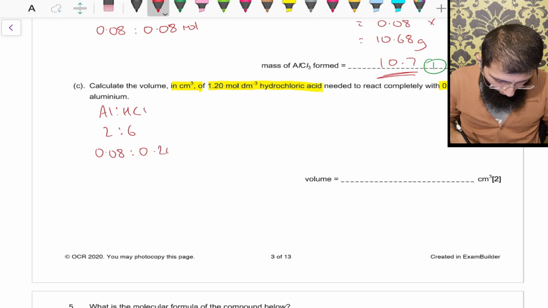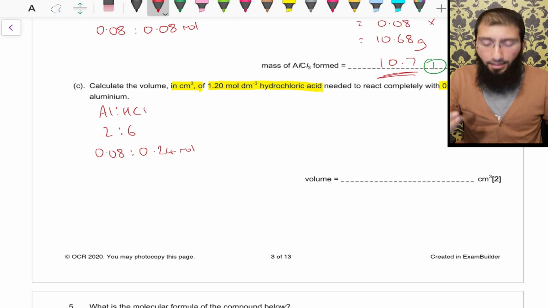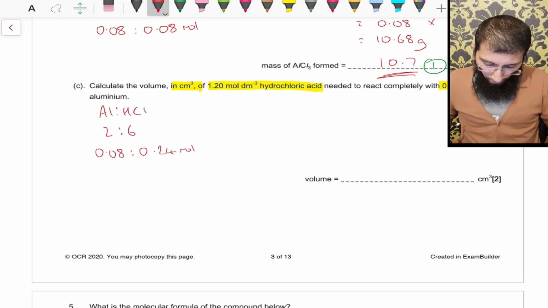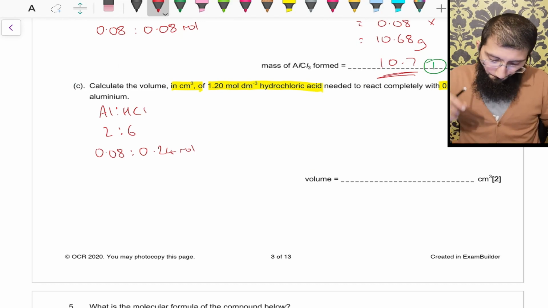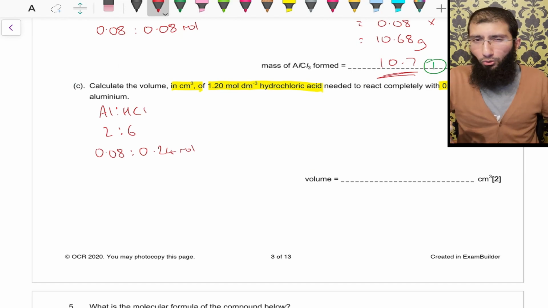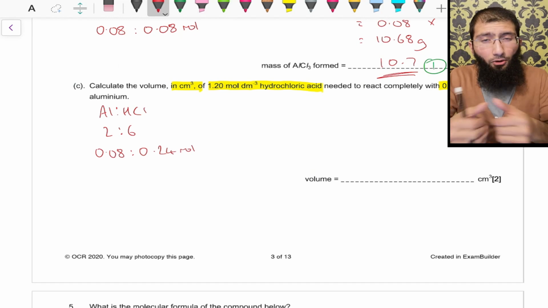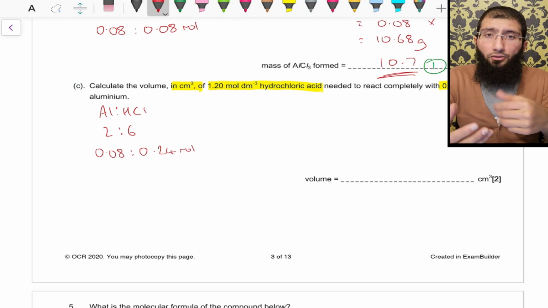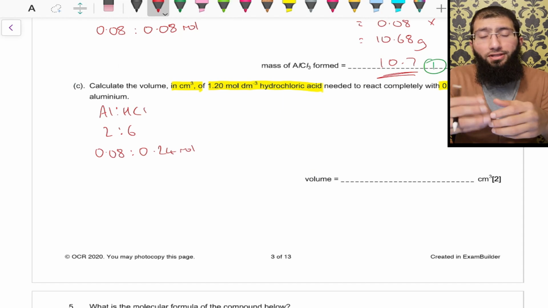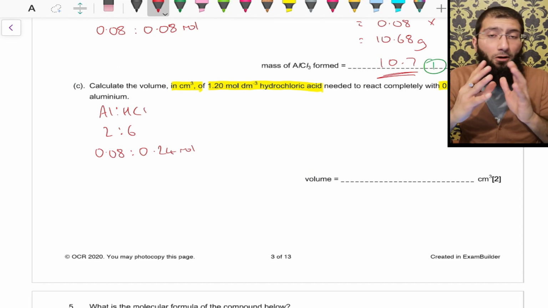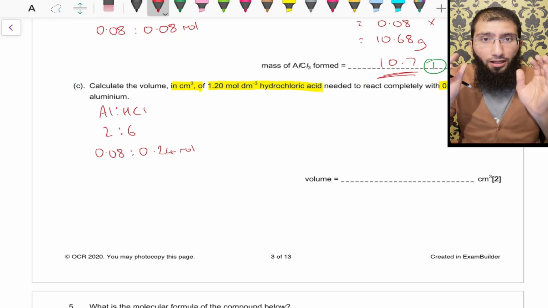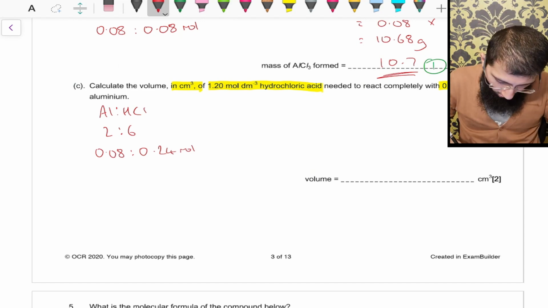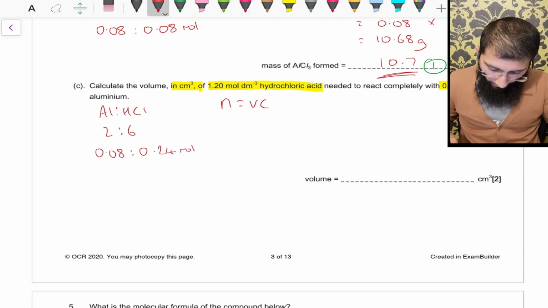So that's 0.24 mole of HCl. Okay, so now we're considering moles of solutions. When you're considering moles of solutions, you have to use a different relationship. We know that moles is equal to V times C, where however, we need to be really careful, V is in decimeters cubed. So n is equal to VC.